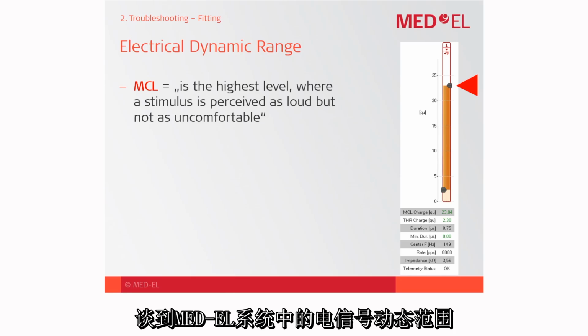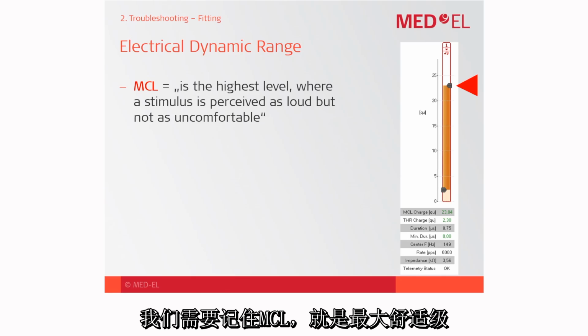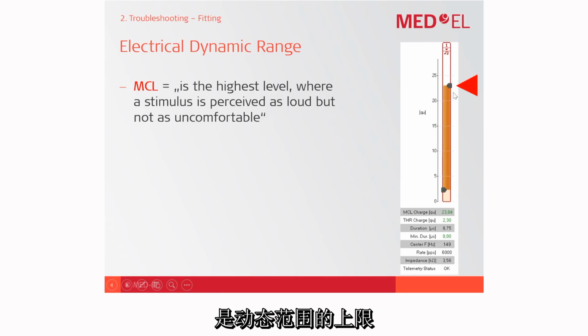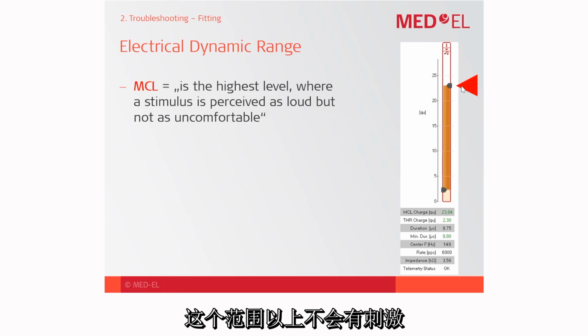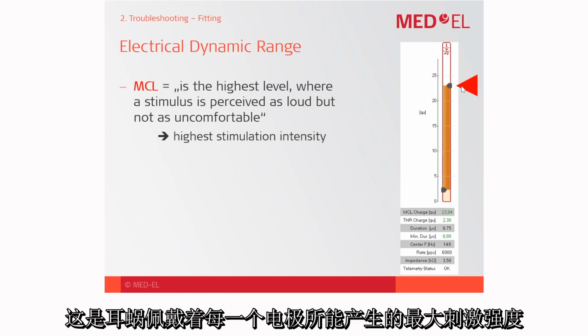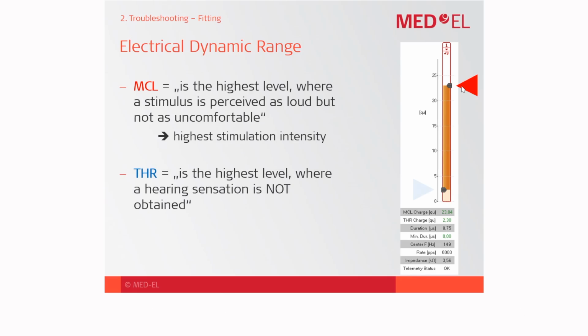Whenever we talk about the electric dynamic range in the Medel system, we need to first keep in mind that the MCL, which stands for maximum comfortable level, is the upper end of the electric dynamic range. There is no stimulation above MCL level. So it's the highest stimulation intensity a CI recipient will receive on this specific electrode.